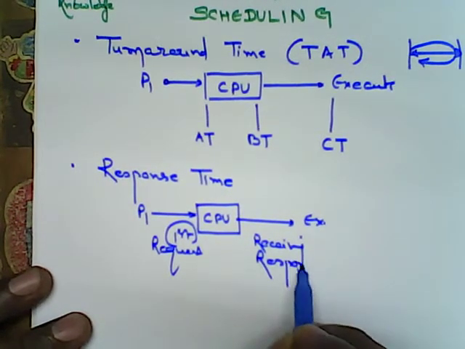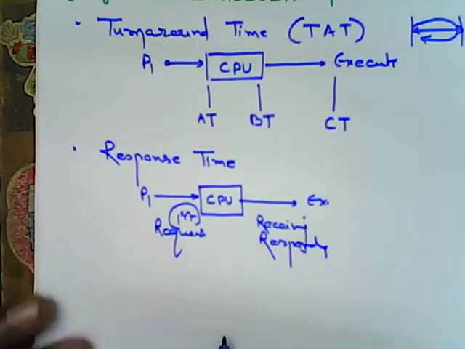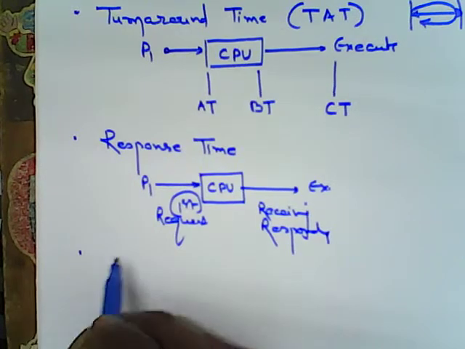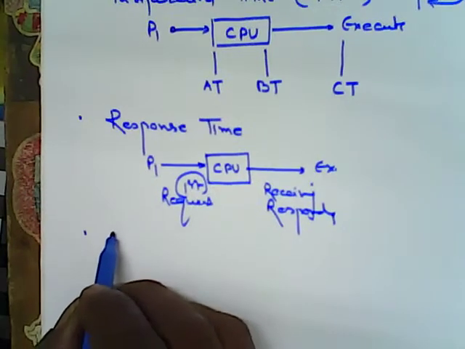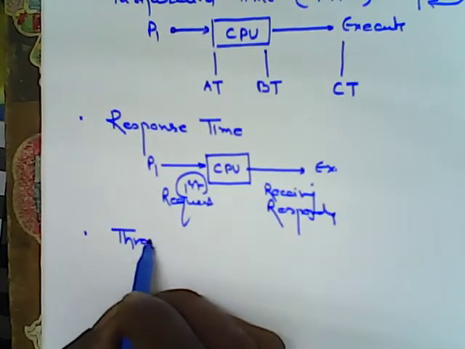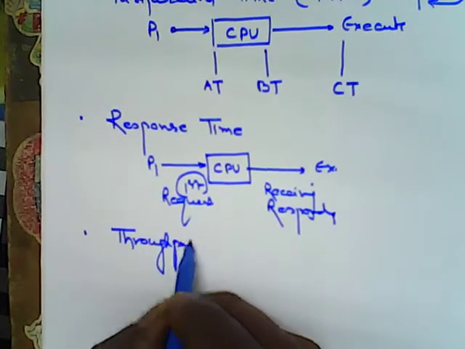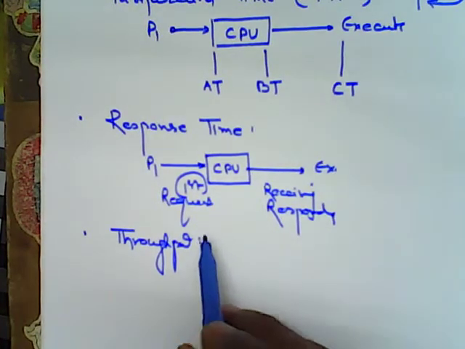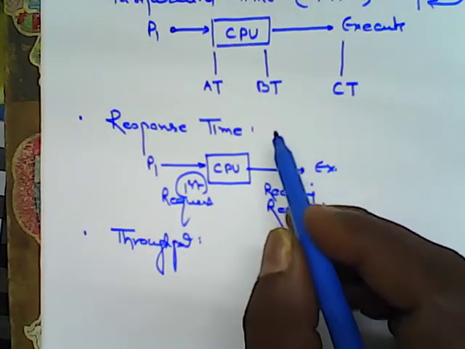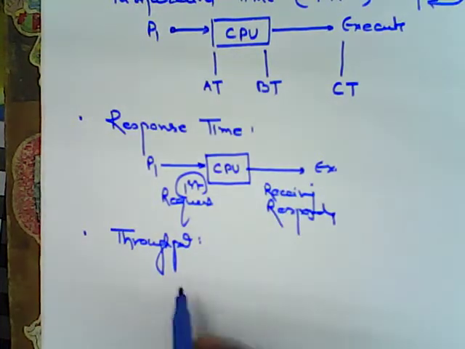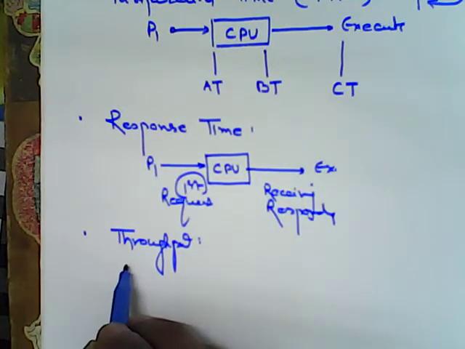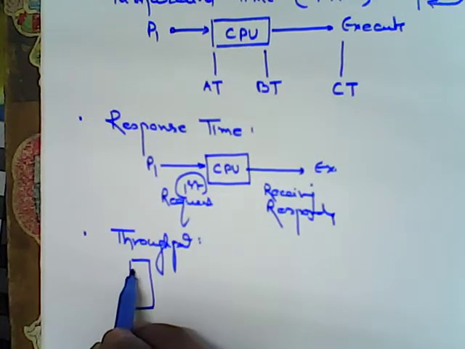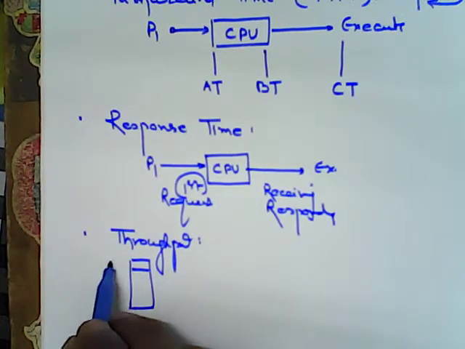I believe that these two components are very clear. I have another component, let me put it like throughput. What exactly does throughput mean? Dear students, assume that this is a processor, and I have tasks T1, T2 up to Tn.